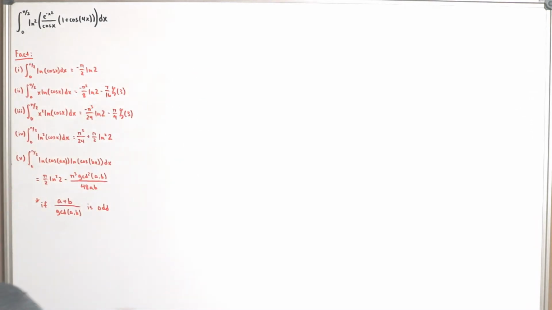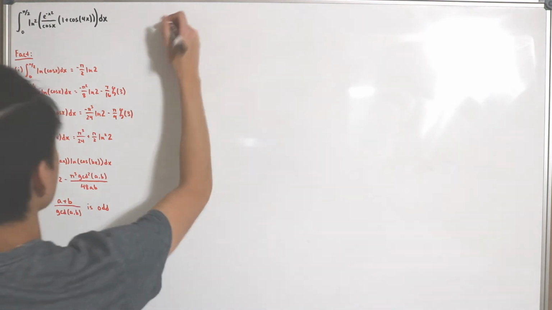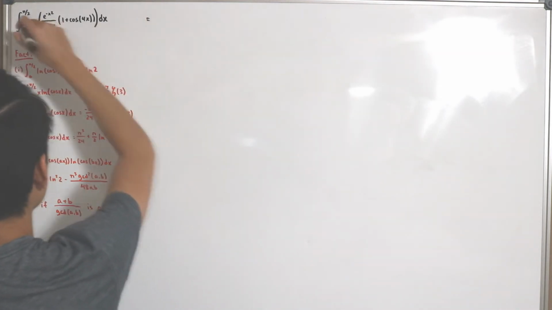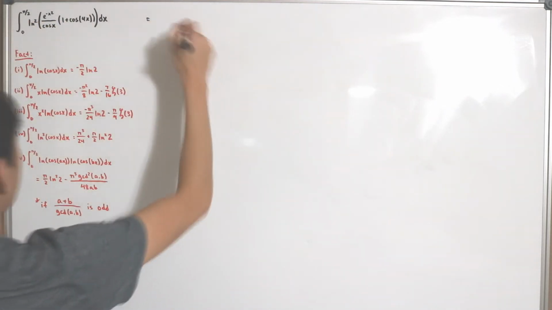Okay, so there's an ln squared, so I'm going to rewrite the following as the square of the entire function.